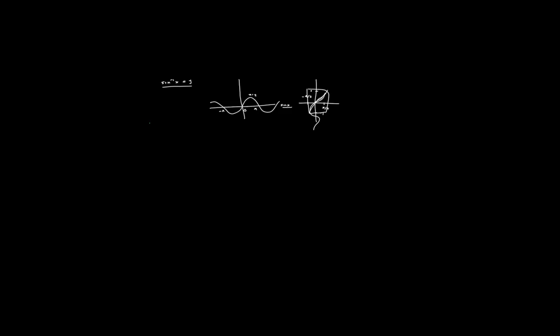And so, oh wait, I think I drew this wrong. This should be negative pi over 2, and then this should be positive pi over 2, and then this is negative 1, and then this is positive 1.